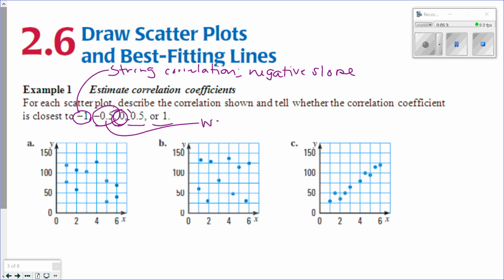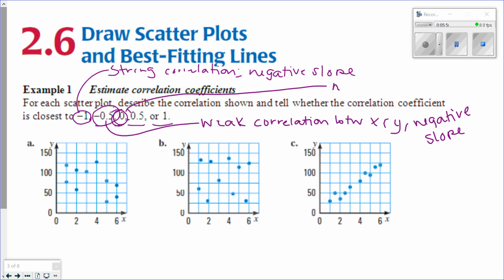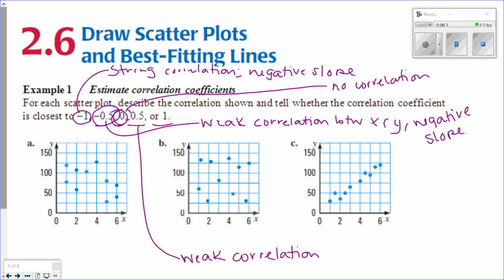Negative 0.5 is weak correlation between x and y, and it's a negative slope. 0, no correlation between x and y. 0.5 is a weak correlation between x and y, and it's a positive slope.